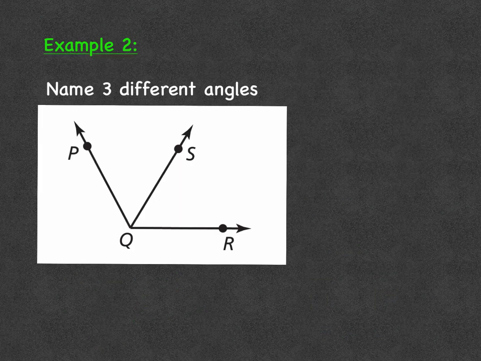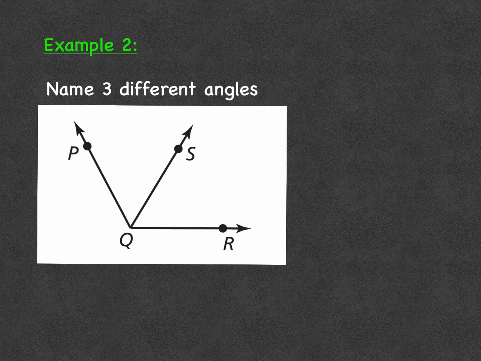Example 2 here says name 3 what kind of angles? Different. So now it's not giving 3 names for the same one, it's 3 different ones. Now it's not just Mr. Bodie, it's Mr. Bodie, Gracie, Samuel. 3 different people, right? We want 3 distinct angles. What is the vertex on this one?